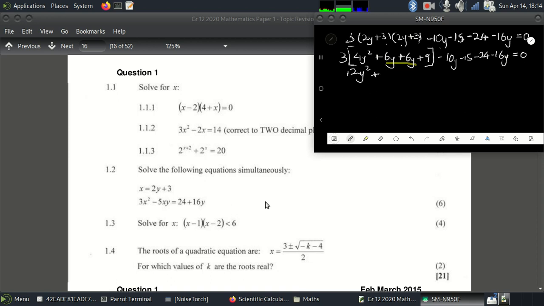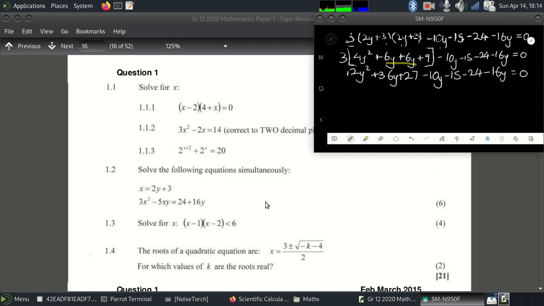So positive 36y. Okay, and then 9 multiplied by that 3 from the outside would be 27. So we have a positive 27. Okay, and let's not forget minus 10y, minus 15, minus 24, minus 16y is equal to 0.